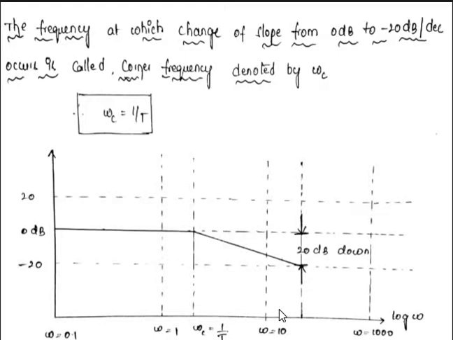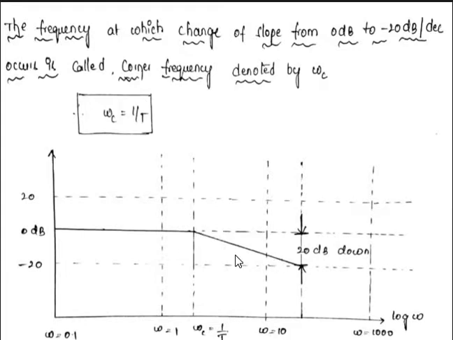Minus 20 dB per decade means the magnitude will decrease by 20 dB in one decade. That means over 10 different values we decrease by 20 dB. If the function starts decreasing here, we can end here.